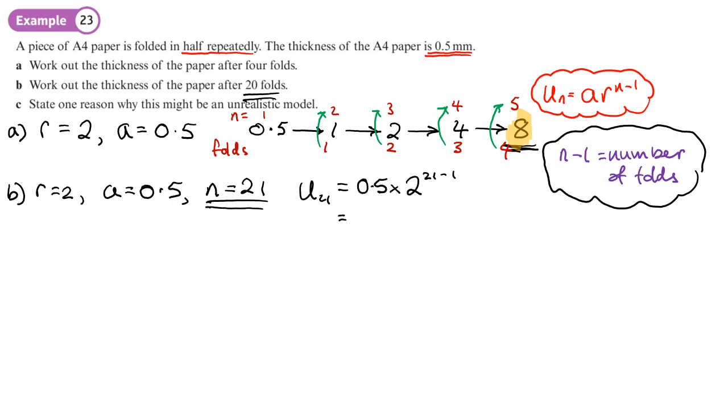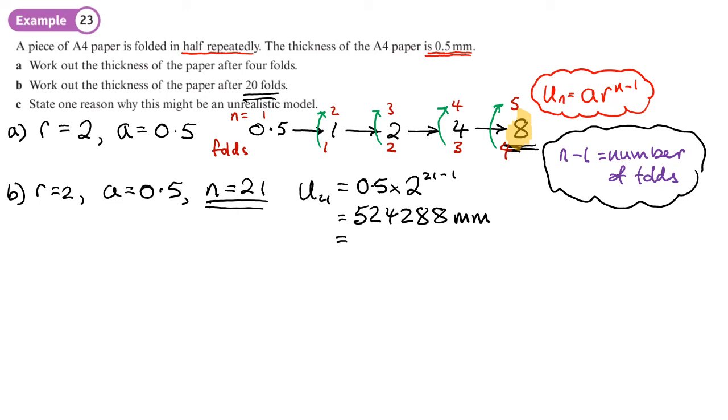So 0.5 times by 2 to the power 20. And we get 524,288 millimeters in thickness.